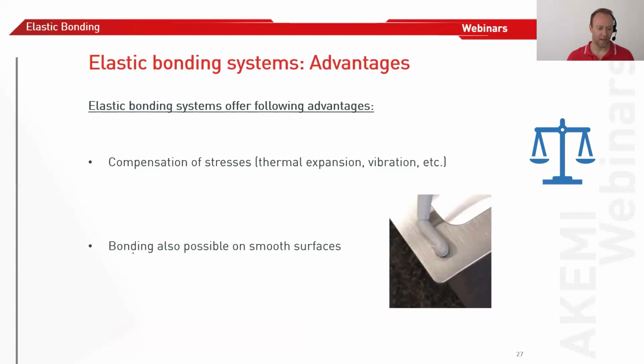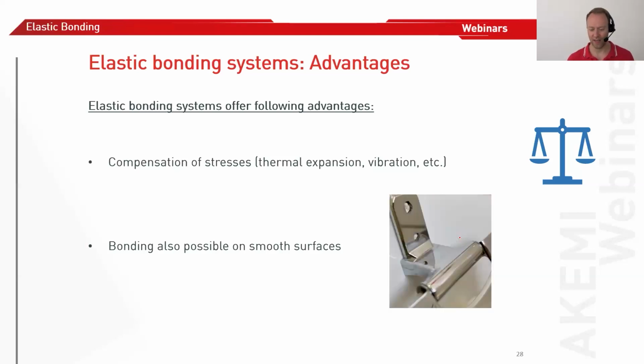Another one is they are also able to bond very well and very strongly on smooth surfaces. You don't have to roughen or sand them first, like this brushed stainless steel, or when I think about a glazed ceramic, for example, you can directly glue on it, and there will be a very strong adhesion of this elastic system.